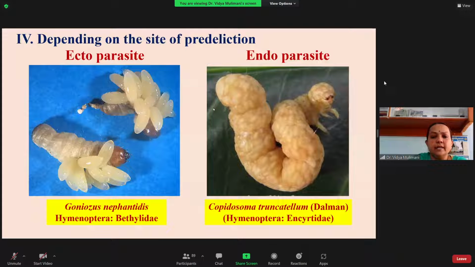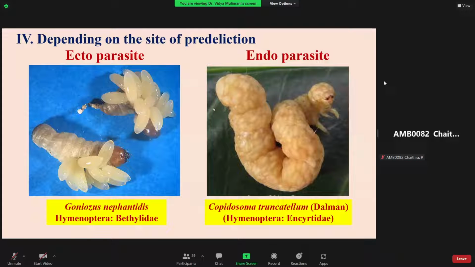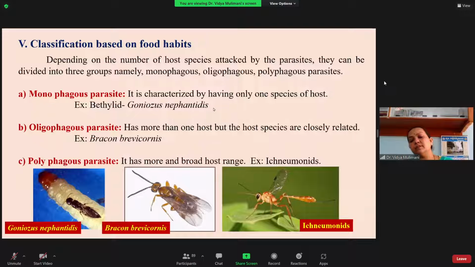So this is the fourth way. Then the fifth way of classification is based on the food habits, how many hosts they are attacking. Depending on the number of host species attacked by the parasite, they can be divided into three groups: mono, oligo, and polyphagous parasites. Mono means single.